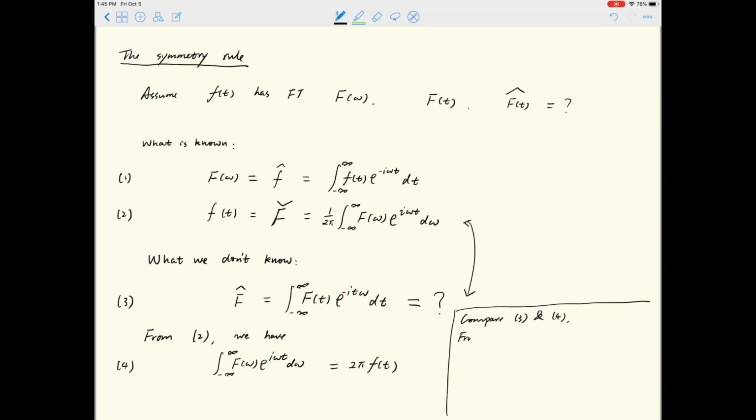So from 3 to 4, what is changed? Well, t is replaced by omega.